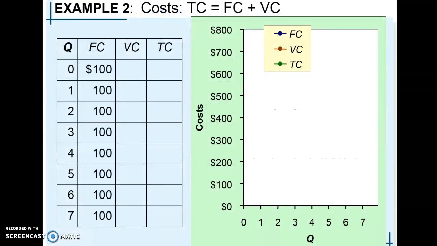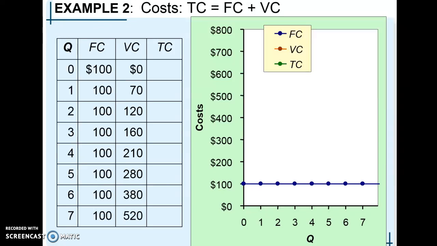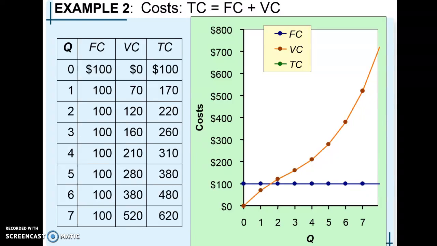So here, fixed costs are 100, and those are graphed as horizontal. Variable costs are going up, and there's your variable cost curve shown in red. And then total costs are going to be increasing as well, and the total costs are shown in green.